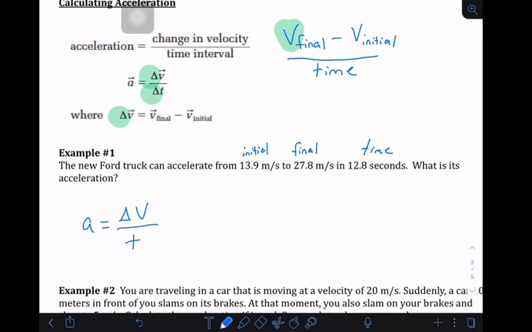What is our change in velocity? We take the final one, 27.8. That's where we're at, and we subtract from it where we came from, which is 13.9.